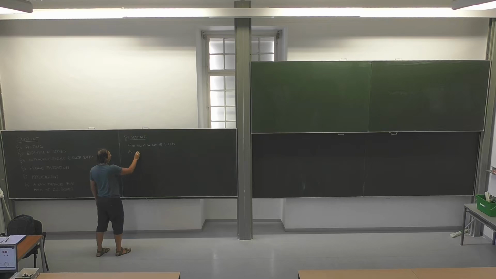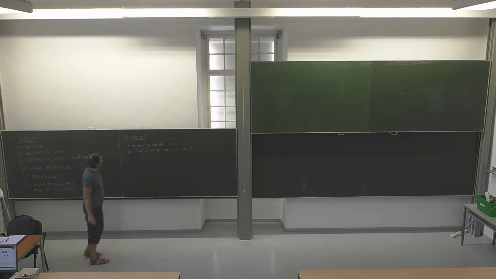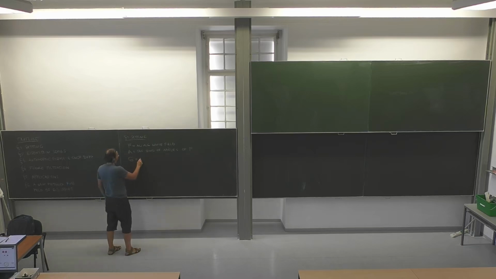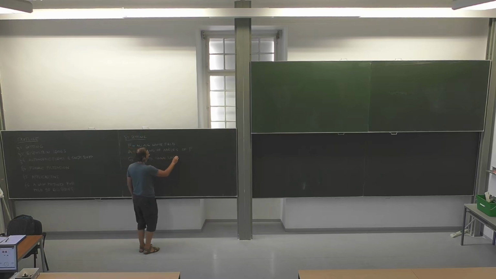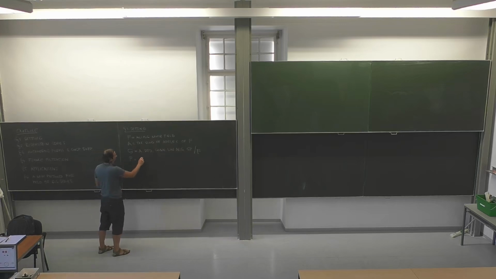A will be the ring of adeles of F, and I consider, as in Franke's paper, G to be a reductive connected linear algebraic group over F. Then we will usually denote by P a standard parabolic subgroup of G.